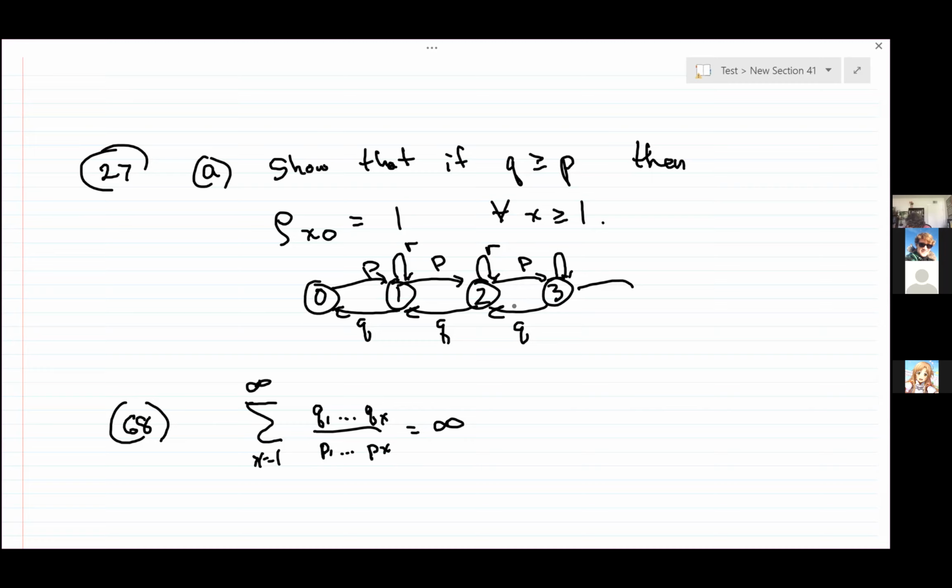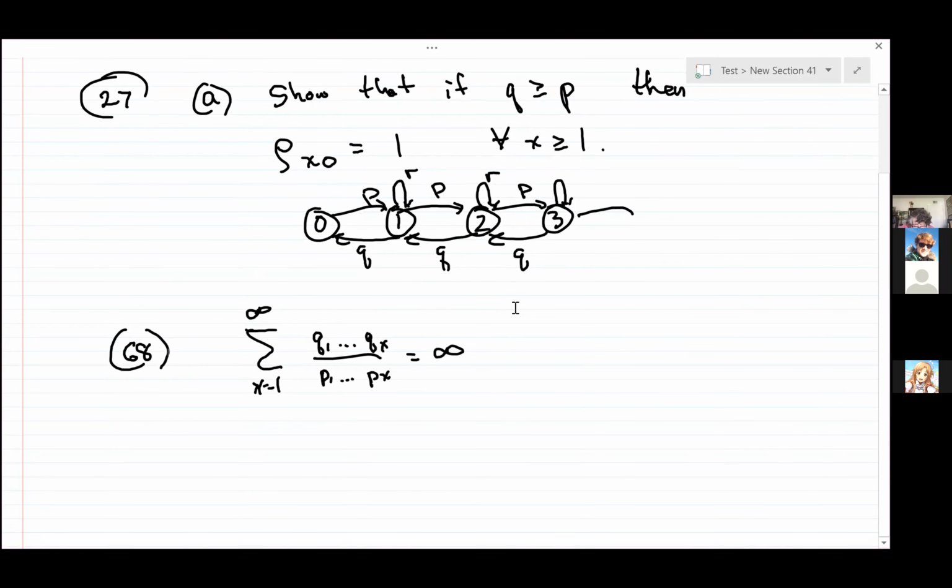And P equal to Q has a different result. Okay, so how do we get the results of 27 from 26, without using 68 here?